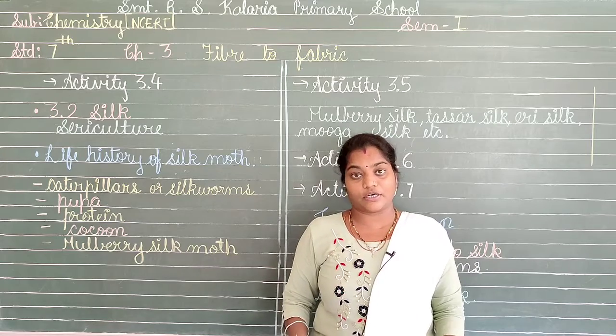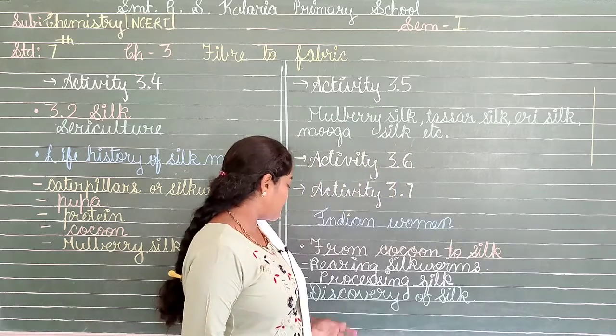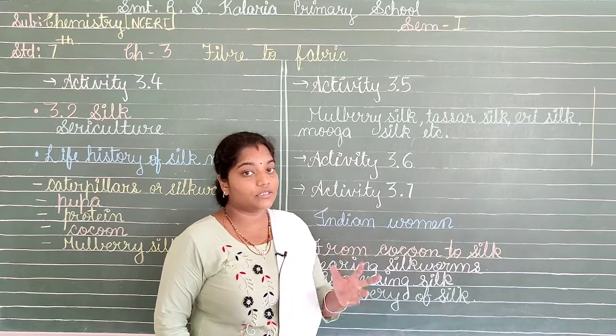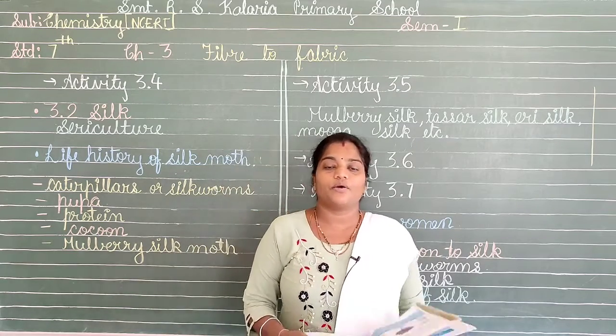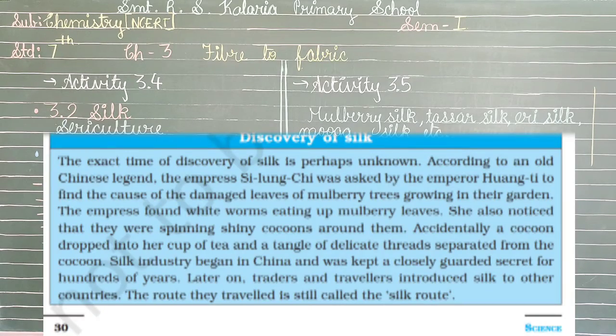Now let's see the history, or the discovery, of silk. As you can see on the screen, the exact time of the discovery of silk is perhaps unknown. According to an old Chinese legend, the Empress Si Longqi was asked by the Emperor Hong Ti to find the cause of the damaged leaves of the mulberry trees growing in their garden.